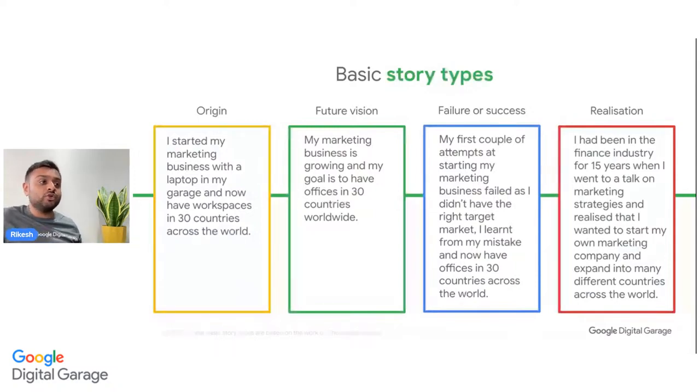And then you've got your realization type stories. This is something which I like to call the light bulb type story. So you're just doing something very innocuous, like cleaning out the attic or your loft over the weekend. And then while you're doing that, you have that light bulb moment, a little bit like in cartoons, where a light bulb just appears above your head.